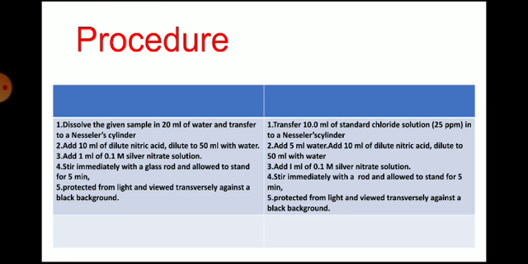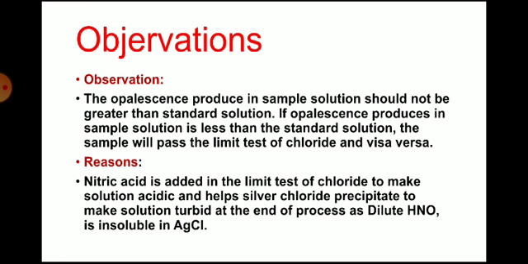Both are protected from light and viewed transversely against a black background. In the observation, the opalescence produced in the sample solution should not be greater than in the standard solution. If the opalescence produced in the sample solution is less than in the standard solution, the sample will pass the limit test of chloride.